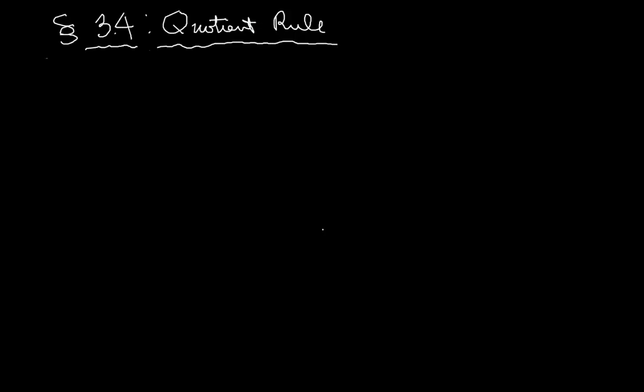In this video we're going to continue with section 3.4, but this time we're going to go over the quotient rule. The quotient rule is about what the derivative is of f divided by g, one function divided by another. What's the derivative of that? If the product rule was any indication, we know what it's not going to be.